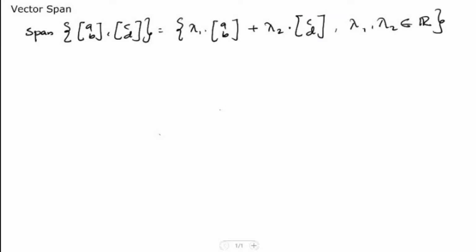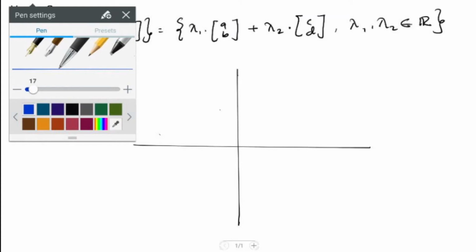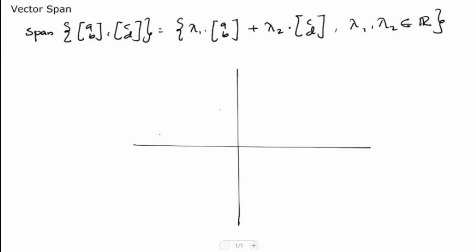Now let's show this graphically. So if you have your axes here, let's say the vector AB looks something like this. So this is your vector AB.